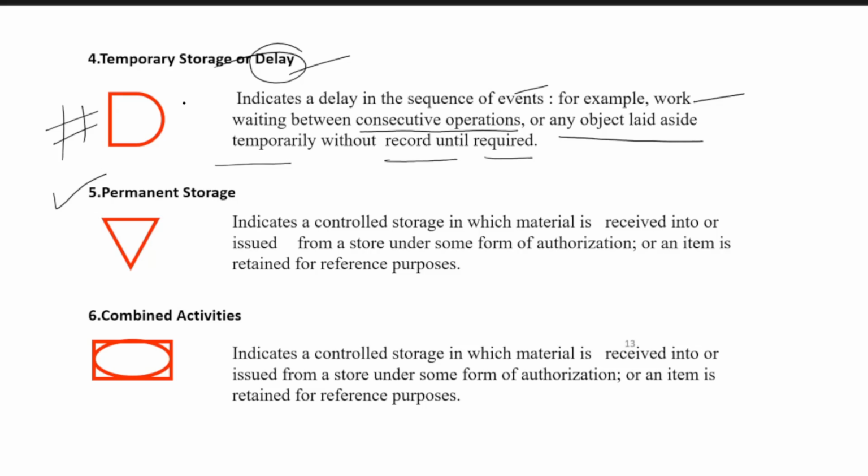Then permanent storage. The triangle indicates the controlled storage in which the material is received into or issued from a store under some form of authorization, or an item is retained for reference purposes. And next are the combined activities.